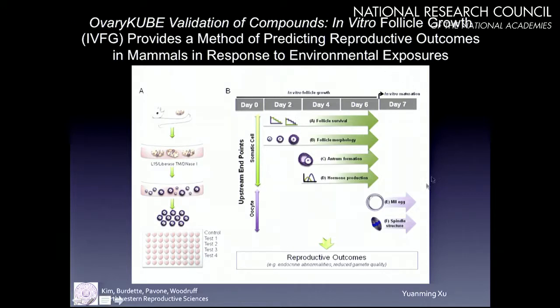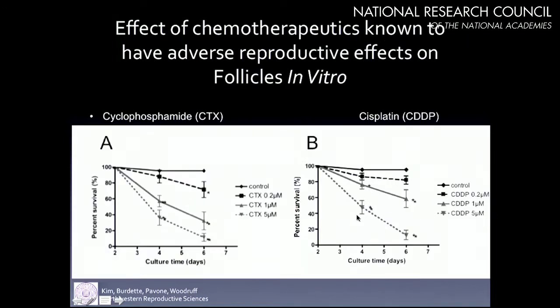These are some of the parameters that are measured to assess follicular health, such as morphology, their ability to develop, etc. And so with this system, she has tested 2 chemotherapeutics that have known adverse reproductive effects of follicles in vitro. And you can see that cyclophosphamide and cisplatin with increasing doses do decrease survival of follicles. And this is in a dose-responsive and time-dependent manner.